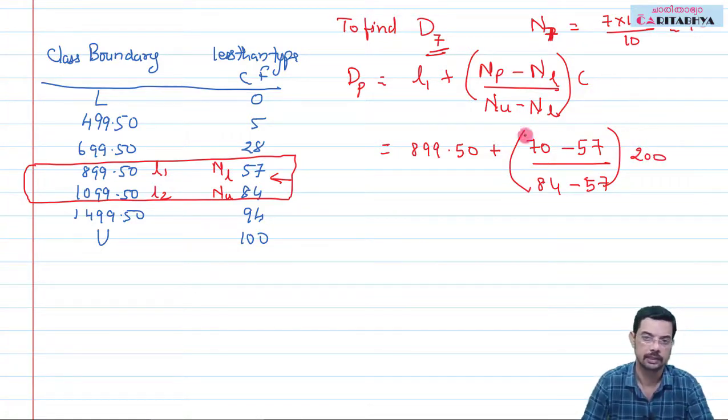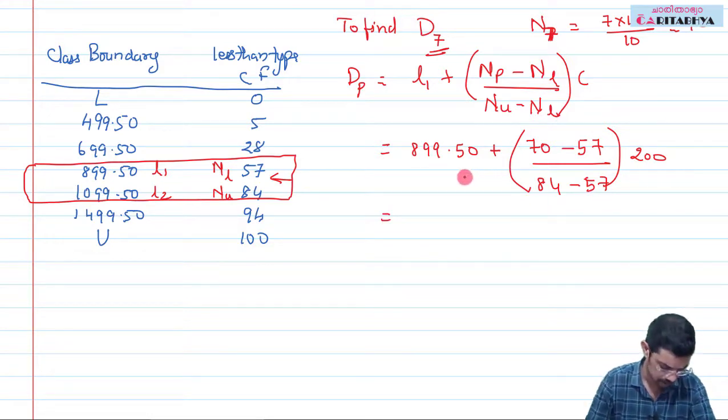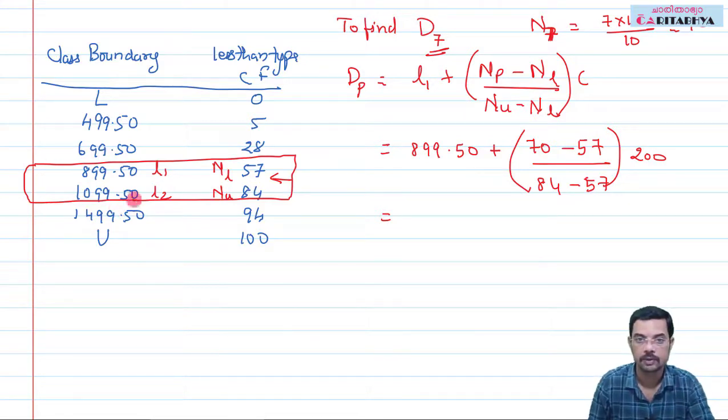So when you calculate this, D7 will be equal to 995.80.